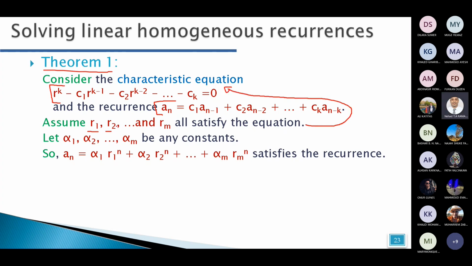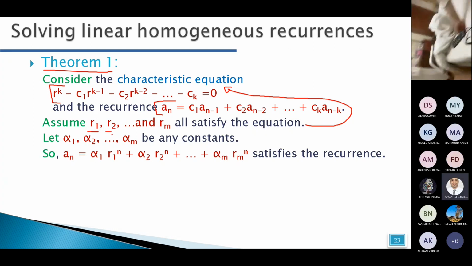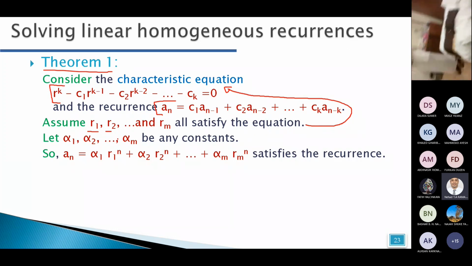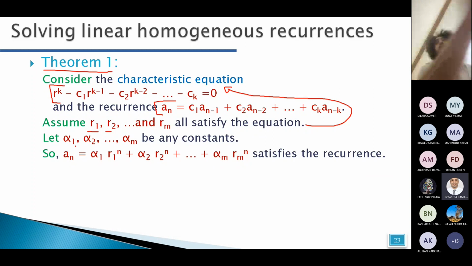So we solve the characteristic equation and we get all the terms r1, r2, depending on the type of the characteristic equation. Then we choose constants depending on the number of solutions.